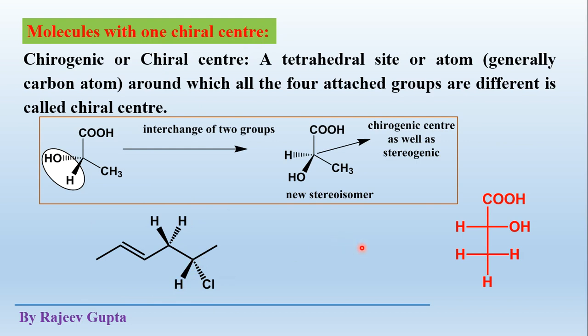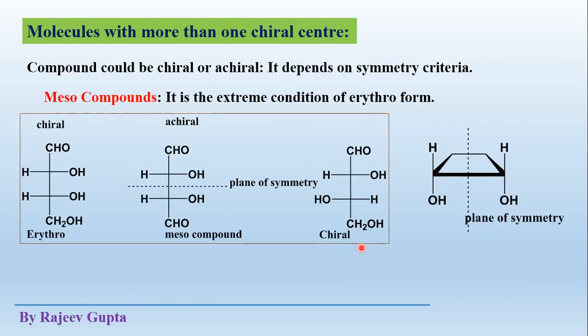Now let's see molecules which have more than one chiral center. These types of compounds, which have more than one chiral center, could be chiral or achiral. It depends on symmetry criteria, as we have seen earlier that chirality of a molecule depends on its symmetry.